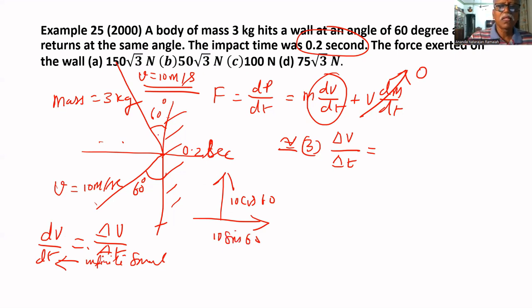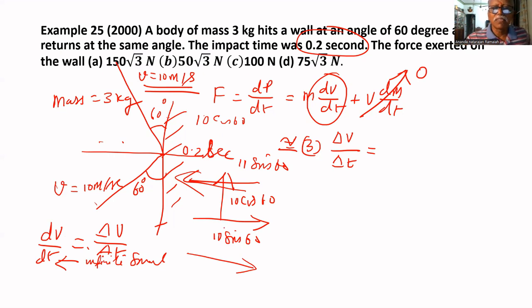While returning, it bounces back with the same angle, so it is 10 cos 60 and 10 sin 60. This sin 60 is towards east and this is towards west. That's why these two get cancelled.